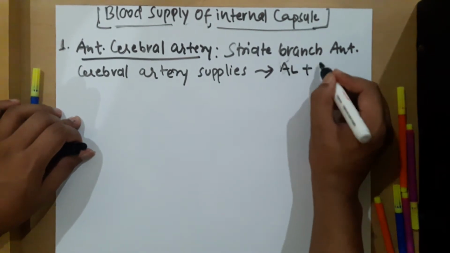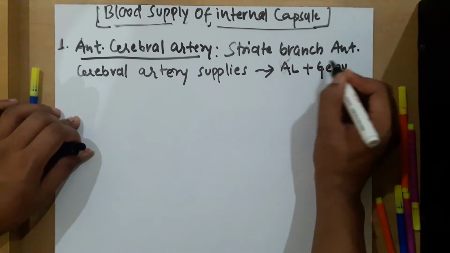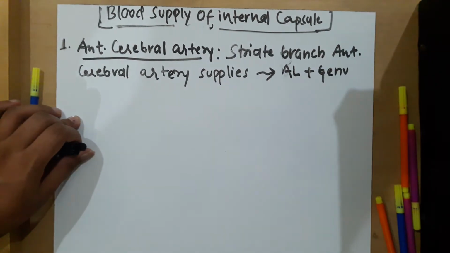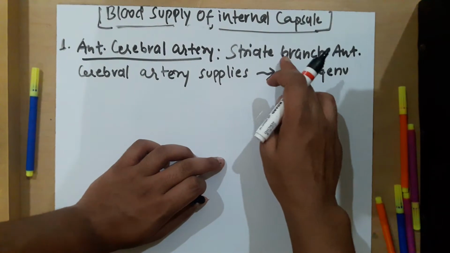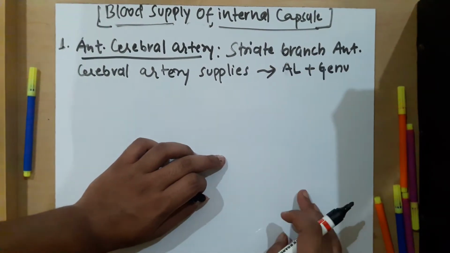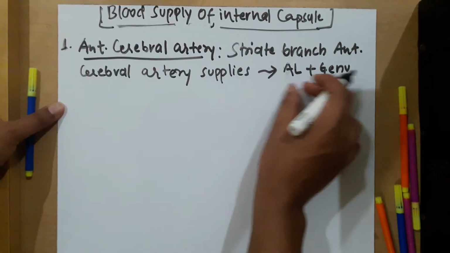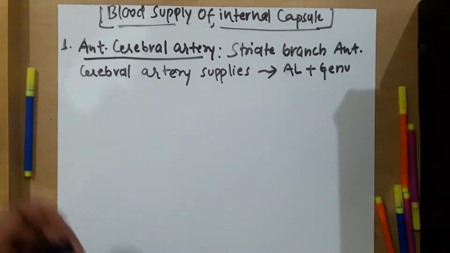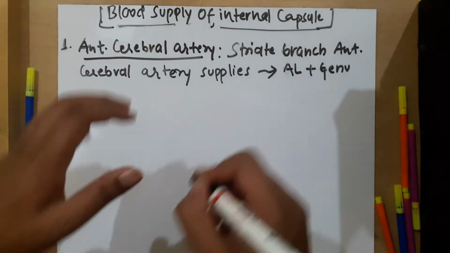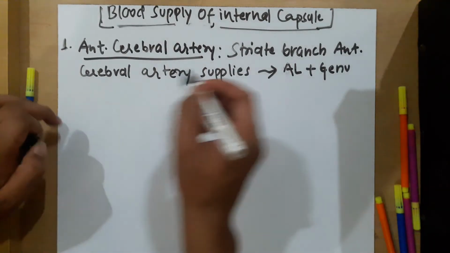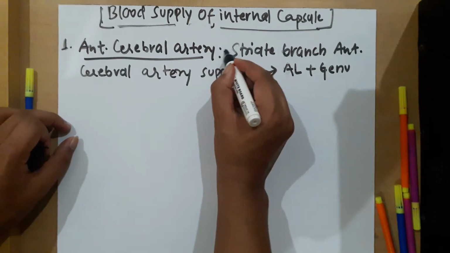I am writing AL for anterior limb in short form, so don't get confused, so that we can save some time and also space. Anterior limb and genu. And this artery, the anterior cerebral artery, takes a recurrent course. This is the first point.